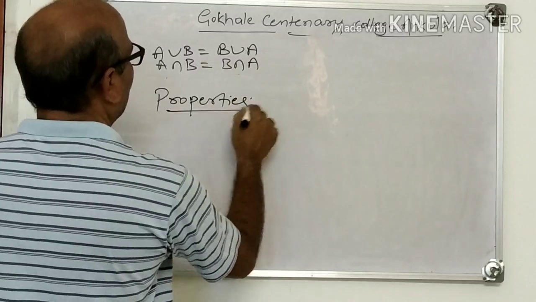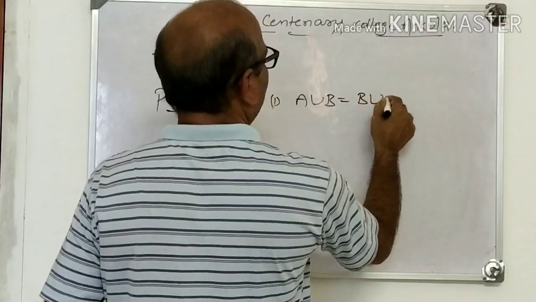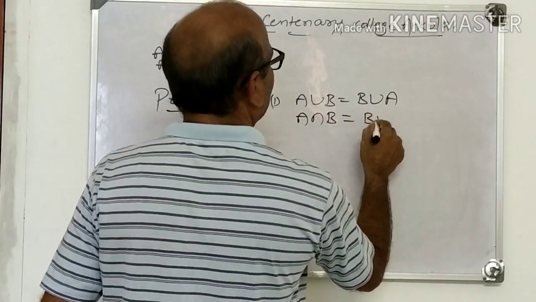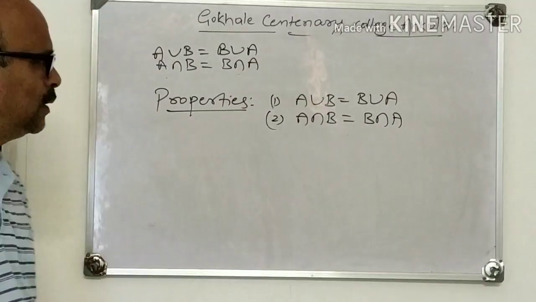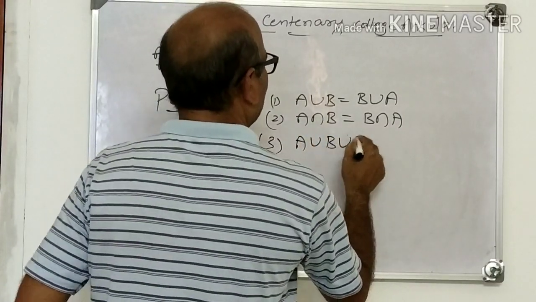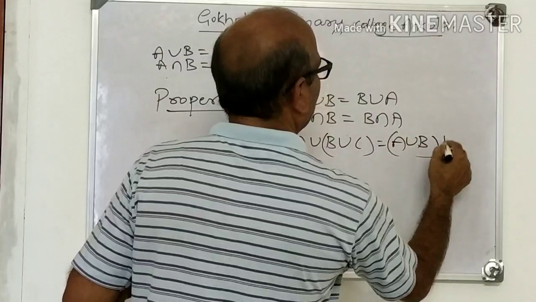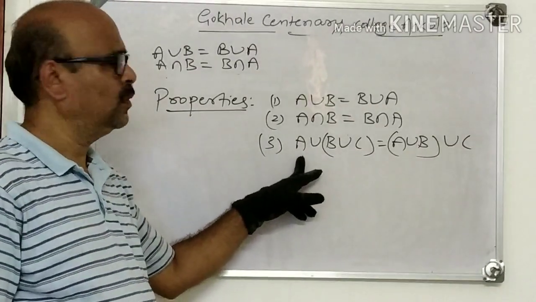Properties. First one is A union B is B union A. A intersection B is B intersection A. Suppose A and B are any two sets. Third one, A union B union C is equal to A union B union C. What do you mean by this property? Associative.